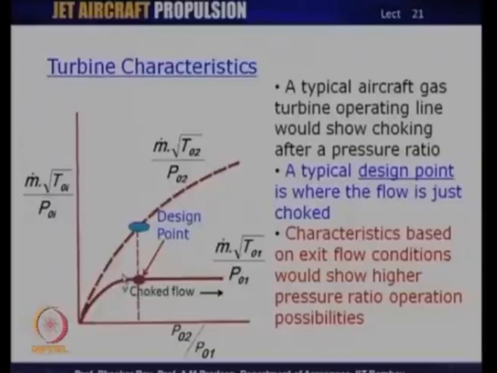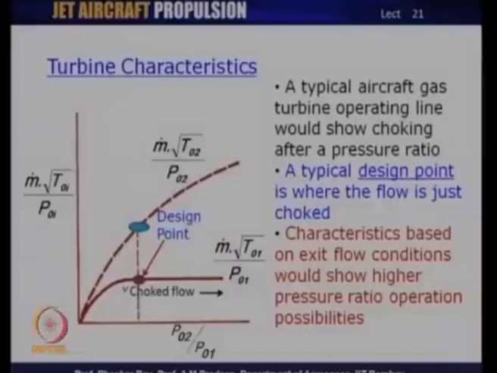So, a typical aircraft gas turbine engine operates most of the time in a choked manner. The reason is that the pressure ratio across a typical turbine is often higher than the required theoretical choking pressure ratio.